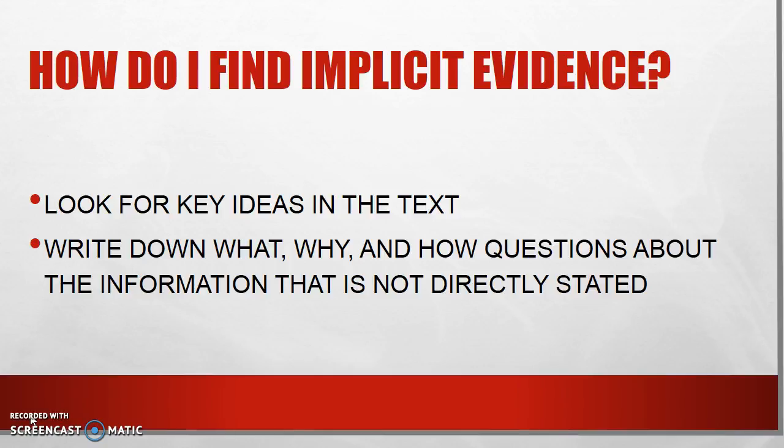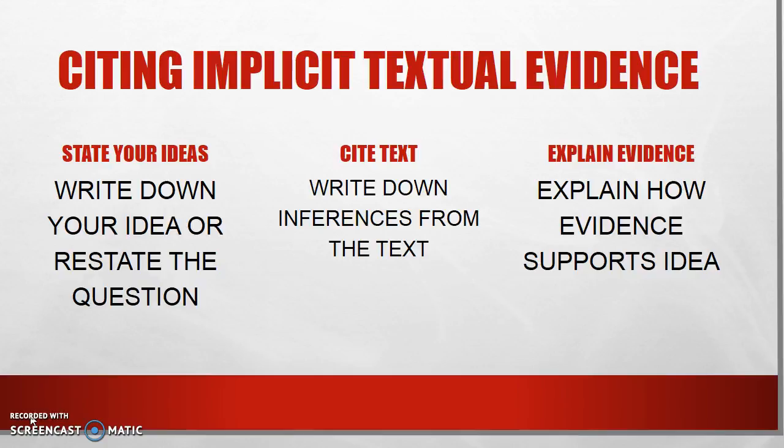You write down what, why, and how questions about the information that is not directly stated, and you answer those questions. In citing implicit textual evidence, you first state your ideas, you write down your idea or restate the question, and then you cite the text. You write down your inferences from the text, and then you explain the evidence. You explain how the evidence supports your idea.